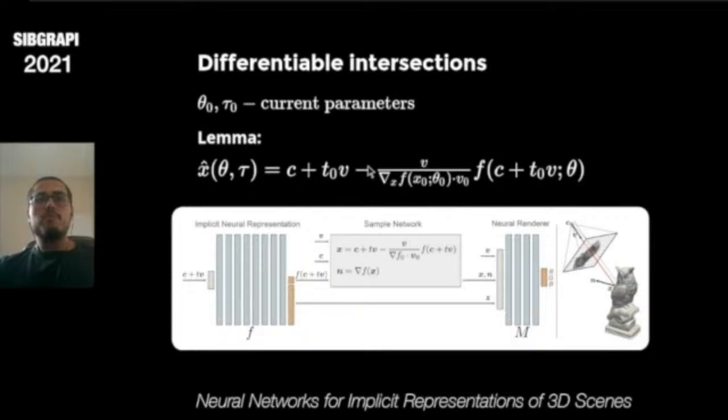So they are able to prove that x hat has this closed form, okay, also using the implicit differentiation idea, okay, and they actually implement this explicitly in their pipeline, okay, so they don't do raycasting anymore. They will do this smart idea of using the f itself in previous points to compute your intersection.